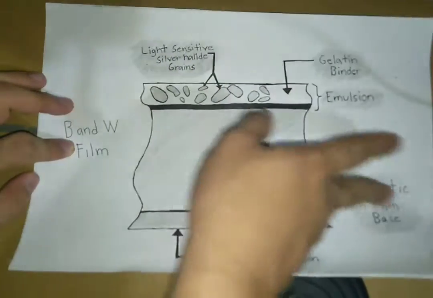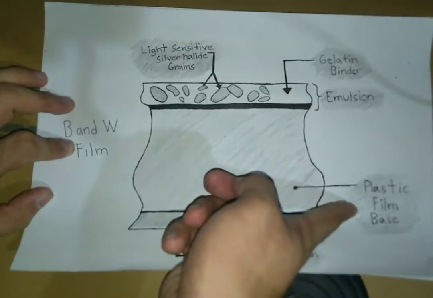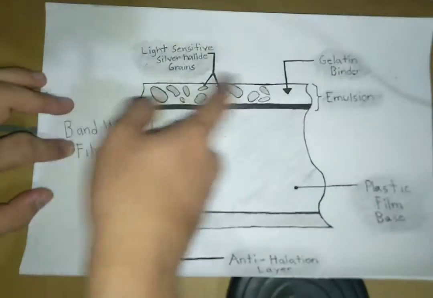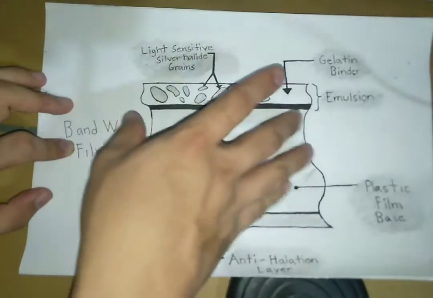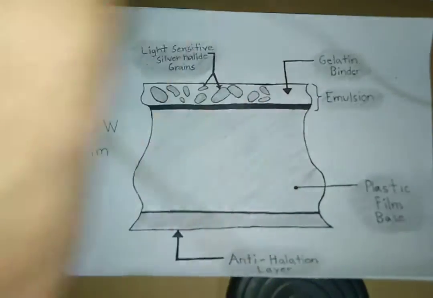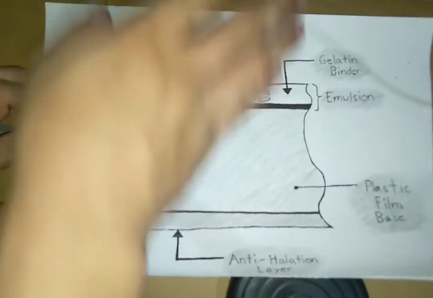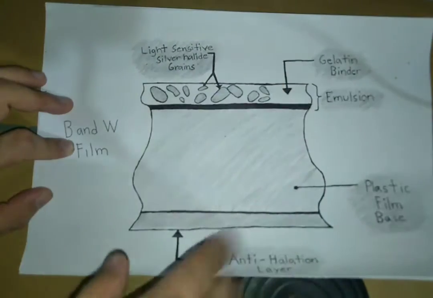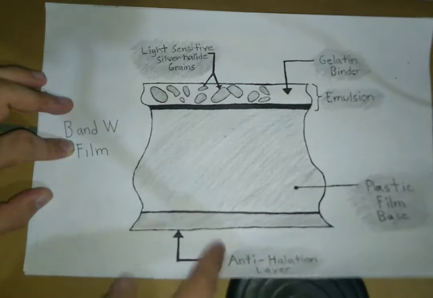The only role of this plastic film base is to help process the black and white color more efficiently, to transfer the black and white color more fluently through the anti-halation layer.